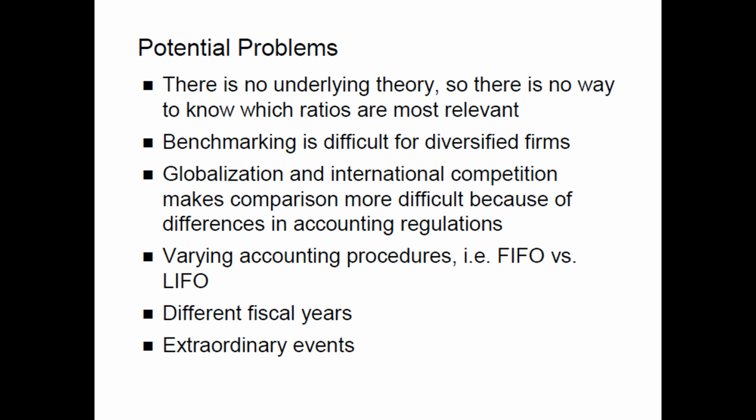Now, there's not an underlying theory. So, although this says there's no way to know which ratios are most relevant, that's not quite right. By listening to things like this, you gain experience, you map it to their business model. If a company's business model is on operational excellence, like Walmart, then I would look at the operating metrics.